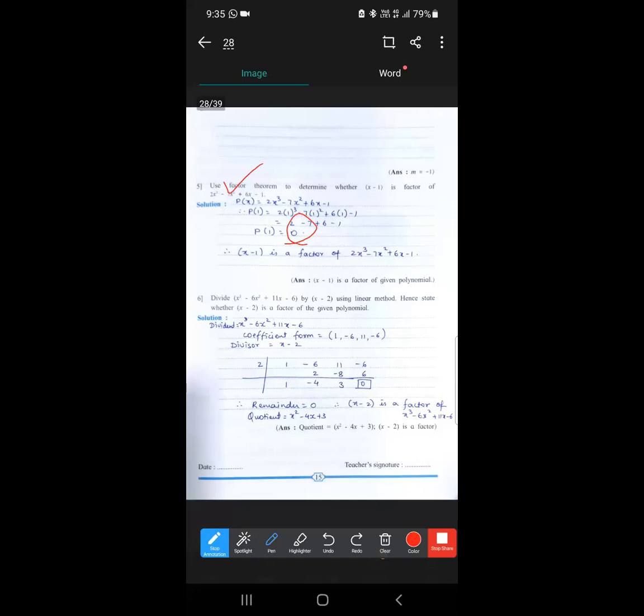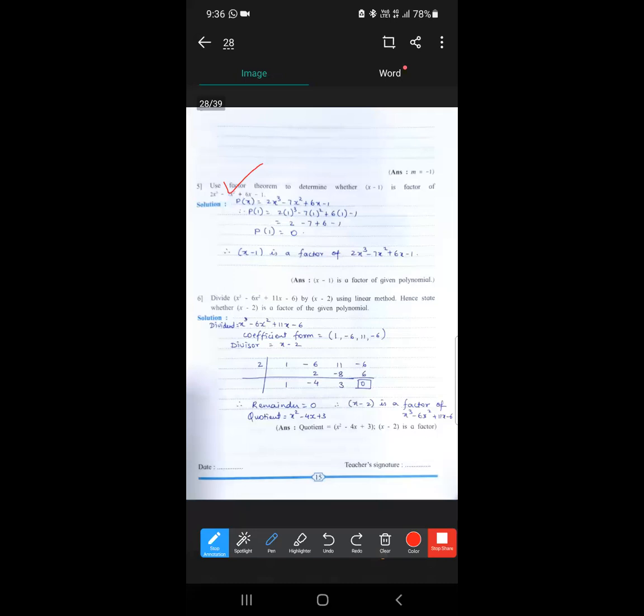Apart from 0, if you are getting any positive or any negative term, then it is not a factor. Only this is the difference between the remainder and the factor theorem. Otherwise, the way of solving of both the remainder and the factor theorem is totally the same.